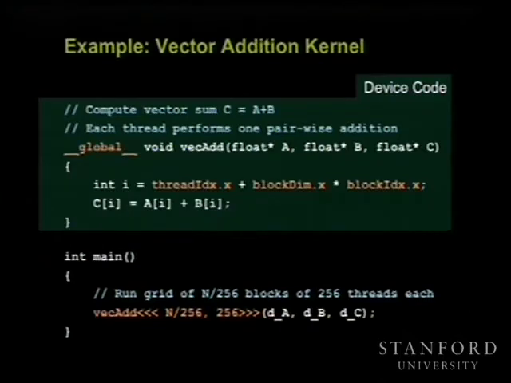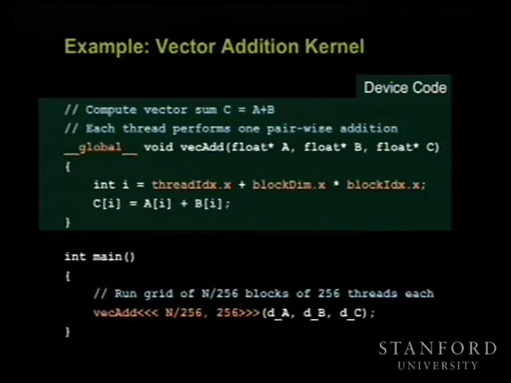You have a new keyword, global, with which you decorate a function. That tells the system, this is a function which will be executing on the GPU. So don't compile it for whatever your CPU is, usually x86. Compile it so that the GPU can understand it and execute it.